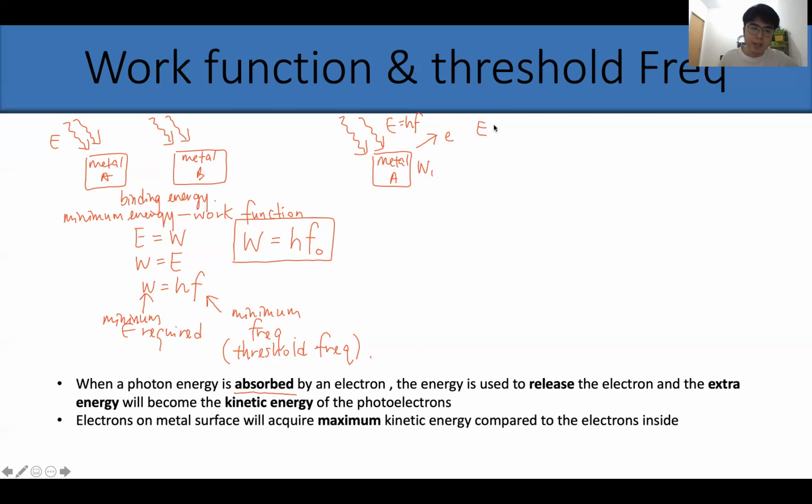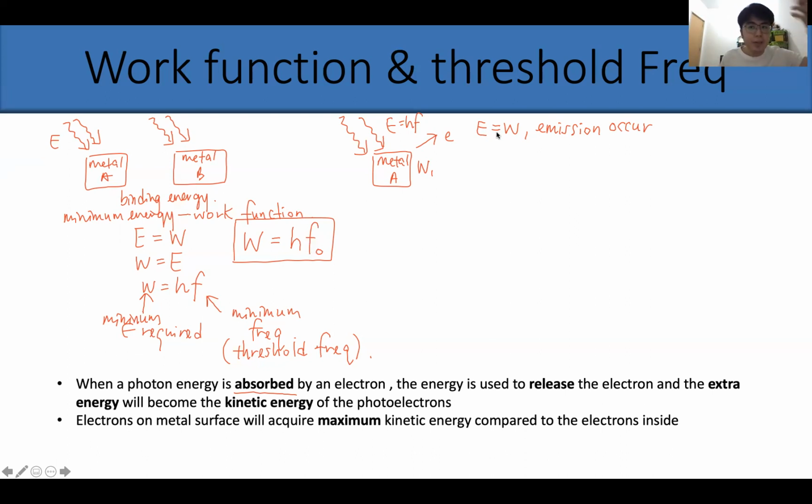If E equals W, then there will be emission. Yes, emission occurs. Because the work function is the energy used just to release the electron, just to pop it out from the metal.